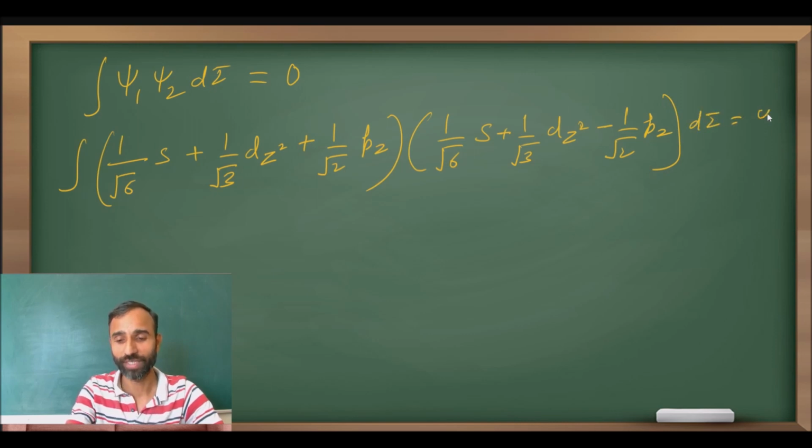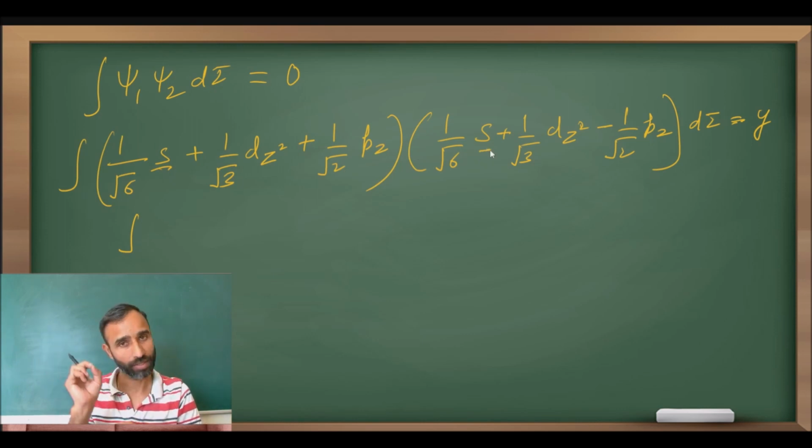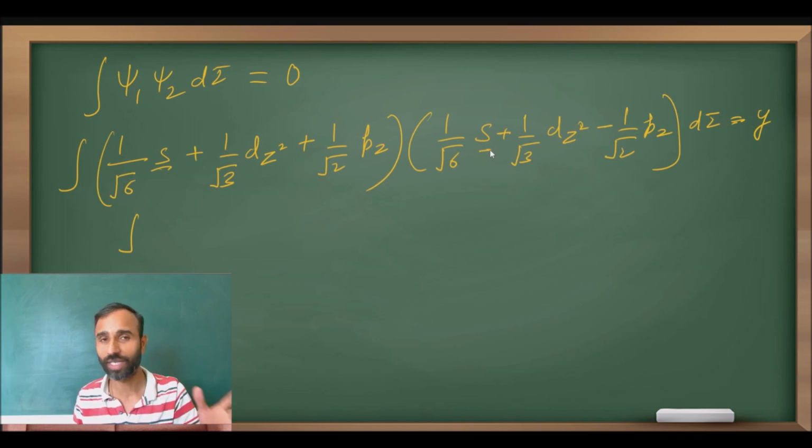Take it as y. So we should prove that y is 0. How do we go? See, when s is combined with s, the integral of s square d tau is 1. But if s is combined with any other, that is 0, the orthogonality condition. The same is the case with dz square, and the same with pz.